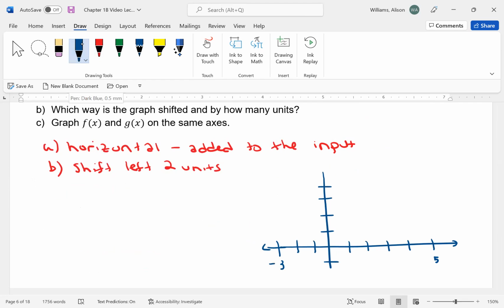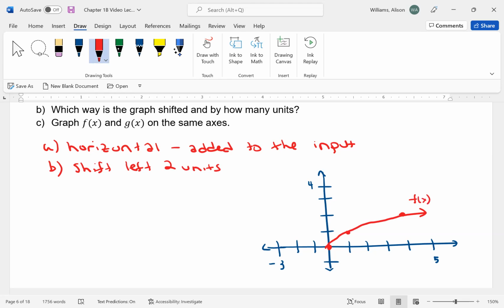And then that's -1. Okay, great. So there we go. The square root function goes through 0, 0, 1, 1, and then 4, 2. I've memorized that since it's one of the toolkit functions. You can go back and look at those if you need to, but that's what the square root function looks like, the original. Now, that'll be my f of x.